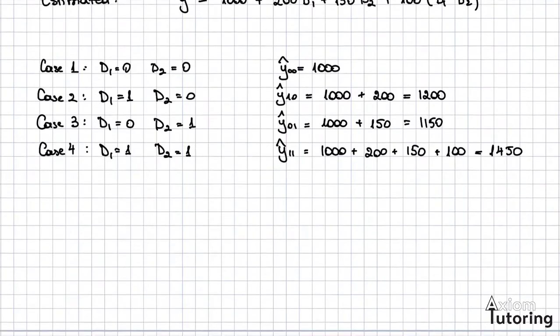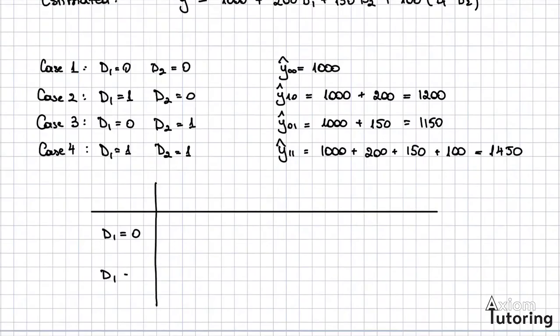If we wanted to add that nice matrix that we built in the previous video, we would have here D1 equals 0, D1 equals 1, D2 equals 0, and D2 equals 1. The numbers that we'd plug in here are 1000, 1200, 1150, and 1450. Okay? Now, let's compute the differences.